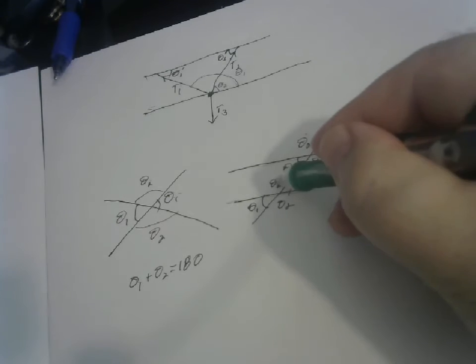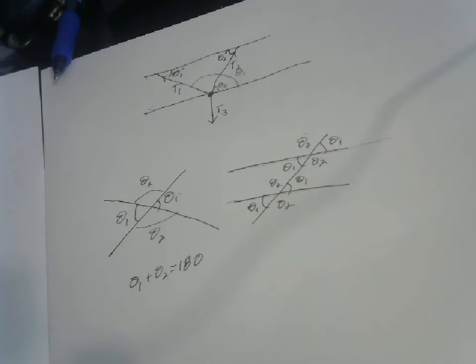And this angle, this angle, this angle, and this angle are the same. I can also note that any adjacent pair that have their boundaries on a line, theta 1 plus theta 2 here, is 180 degrees.